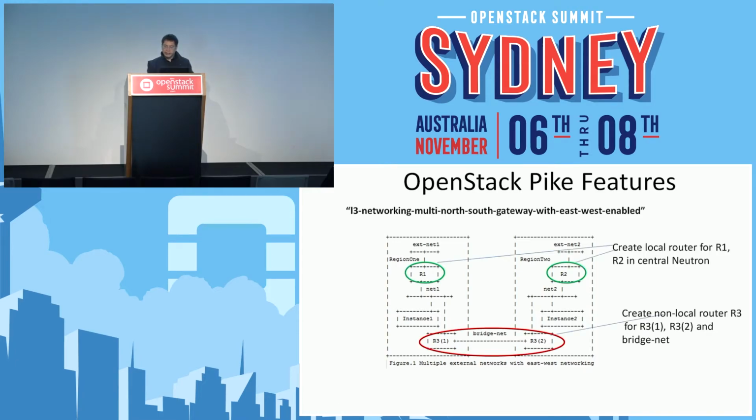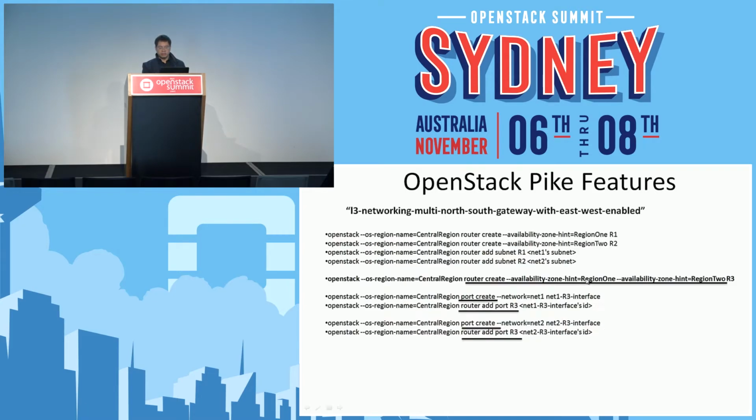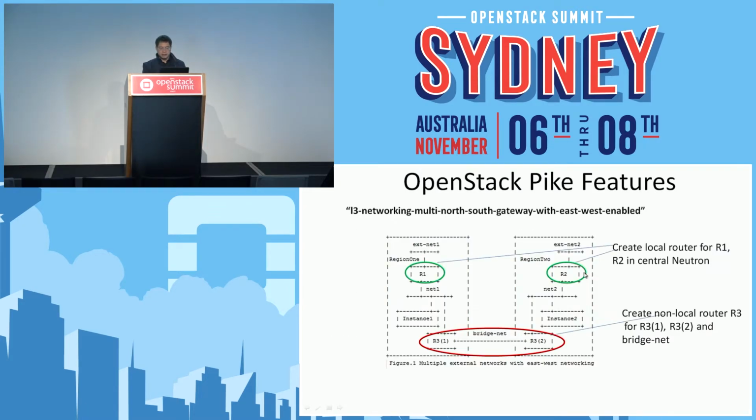So we can create a local router for R1 and R2, because only north-south traffic is needed for these routers, and create one non-local router for cross-Neutron layer 3 networking. R3 will be divided into R3-1, R3-2, and the bridge network by Tricircle automatically.